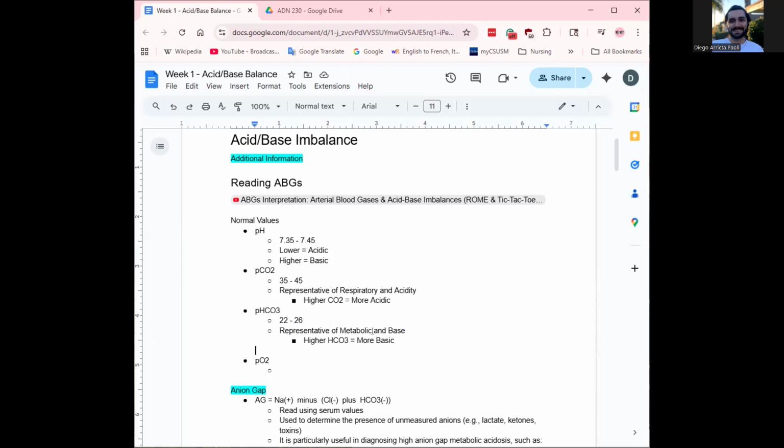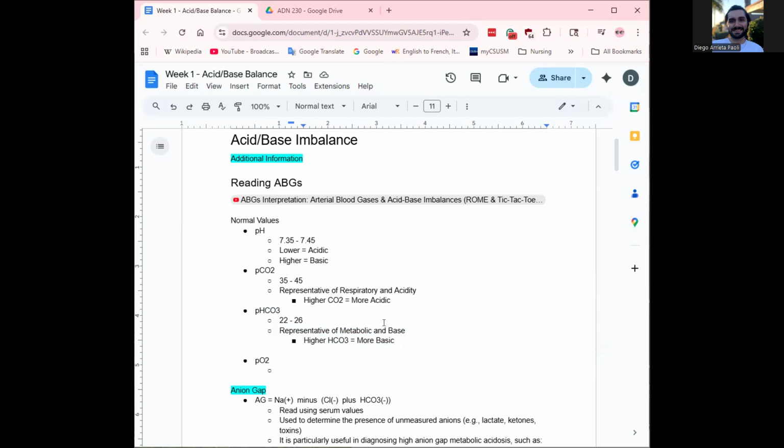Again, when I say representative of the metabolic, whenever you're able to match your pH to your bicarb, it's indicative of either metabolic acidosis or metabolic alkalosis. There is such a thing as a mixed imbalance. Someone could have respiratory acidosis alongside metabolic acidosis at the same time.